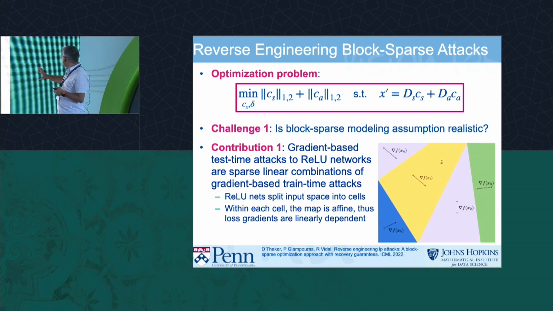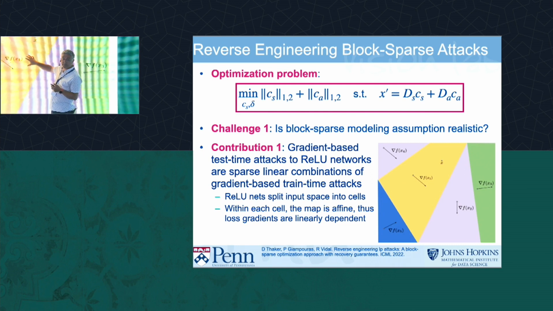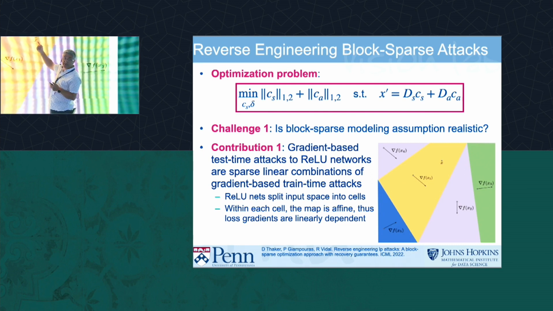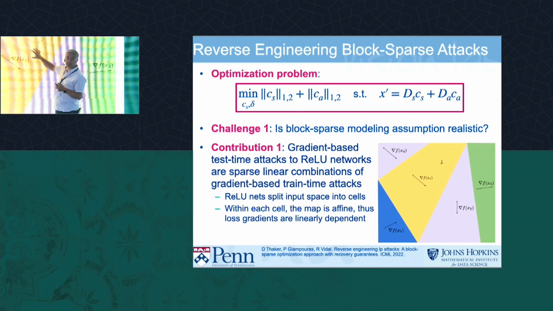And so effectively what happens is that you take the input space and you divide it into different cells. And for each cell, you have a different affine map. And therefore, for each cell, the gradients are linear combinations of each other. Okay? Therefore, if I have a number of training examples, say in the yellow cell, and now at test time I have a different X, the gradient of the network at that different X is going to be a linear combination of gradients at training examples in the same cell.